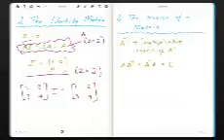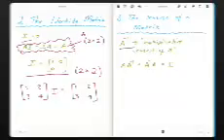Or it's called the multiplicative inverse of A. A to the minus 1 is how we write the inverse of the matrix A. And we define it as saying A times the inverse of A is equal to the inverse of A times A, which equals I. So it's going to equal our identity matrix at the end.